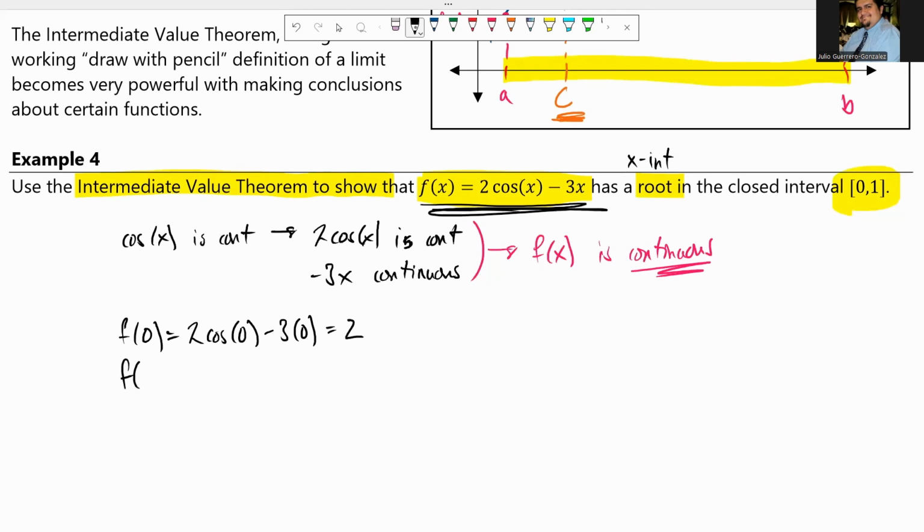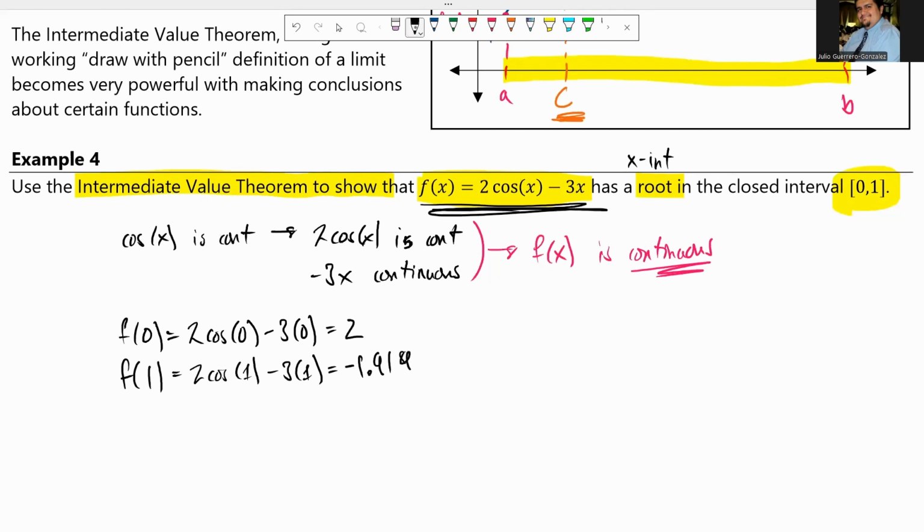And f of 1 is equal to 2 cosine of 1 minus 3 times 1, which is equal to negative 1.919.